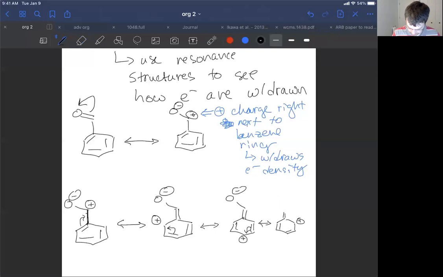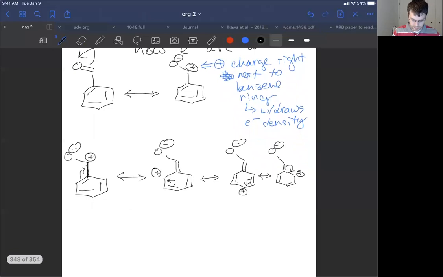Okay. And then we can push this double bond down to remake the original resonance structure, which I'll just have sweeping back here by resonance arrows. Okay, so all of these resonance structures do provide some insight into how this molecule behaves.